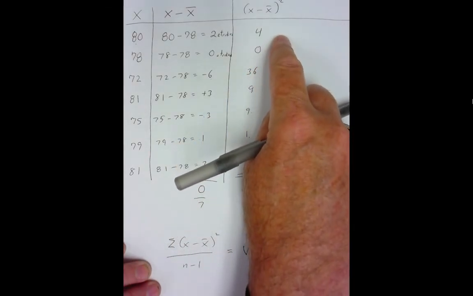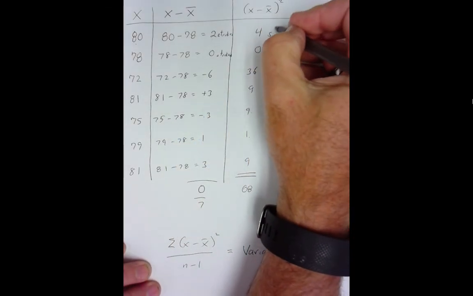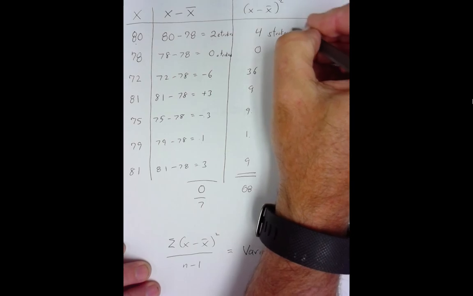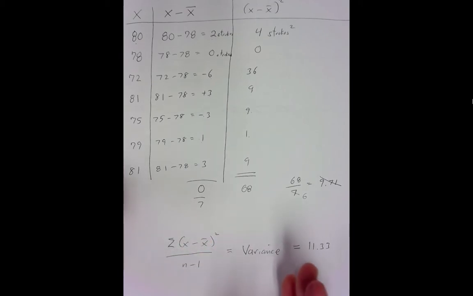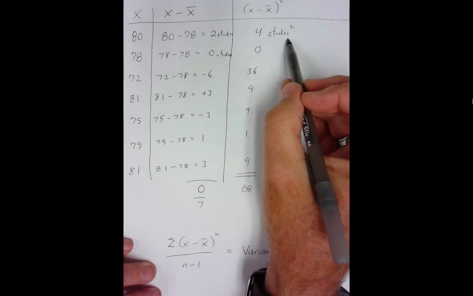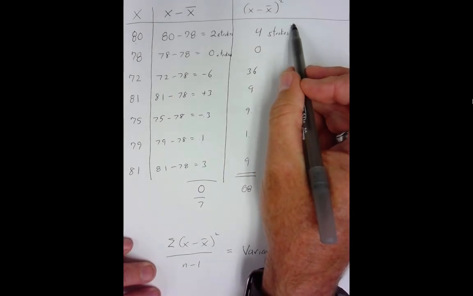But guys, what happens when we square these things? We get 4 strokes squared. What in the world is 4 strokes squared? I'm okay with the 4, but what does that unit of measurement, strokes squared, do for us? Confuses the heck out of stuff, doesn't it?